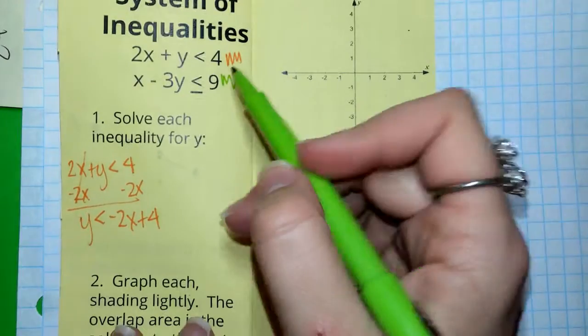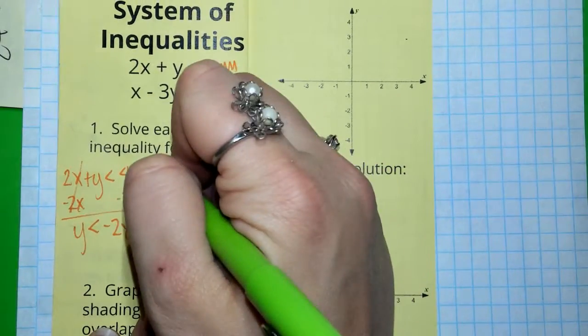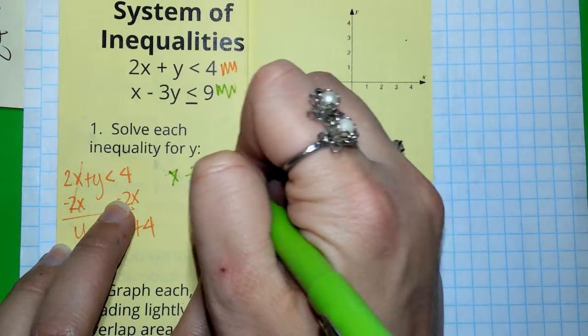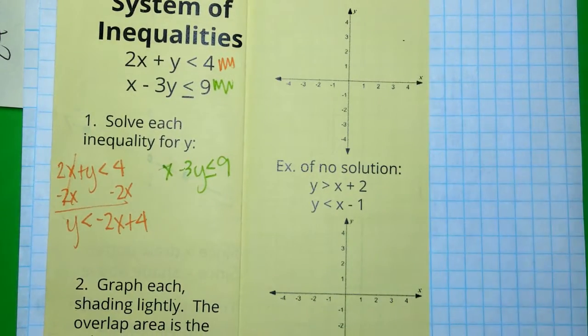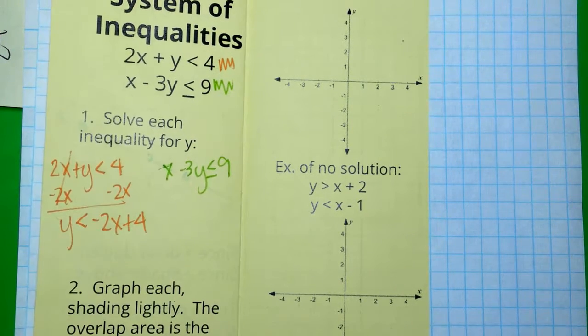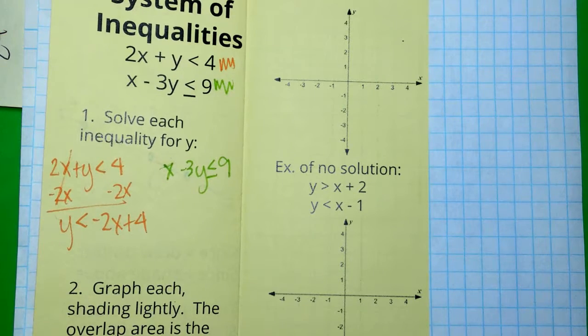Okay, now we're going to rewrite this problem right here. X minus 3y is less than or equal to 9. Okay. Can somebody tell me how to solve that one? All right, Tyreek.